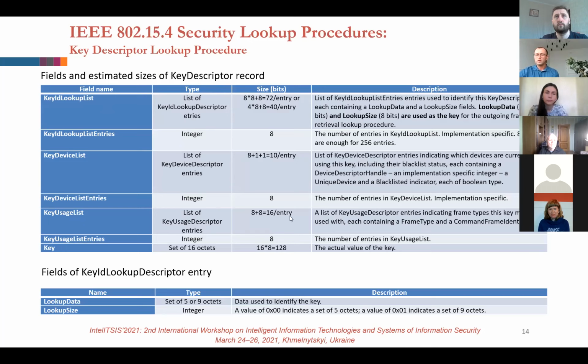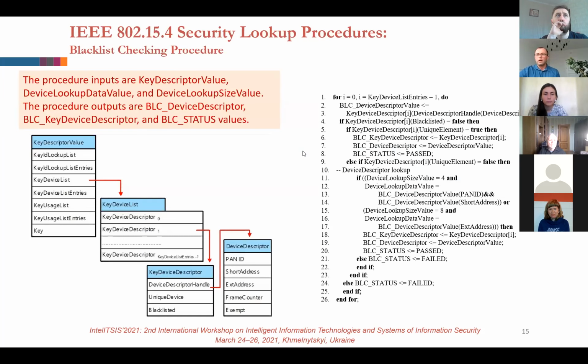Also, we found elements that could serve as keys for lookups. Here we can find the lookup size, for example, and lookup data. Other lookups within the key descriptor are organized similarly.